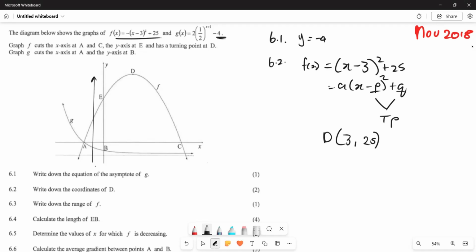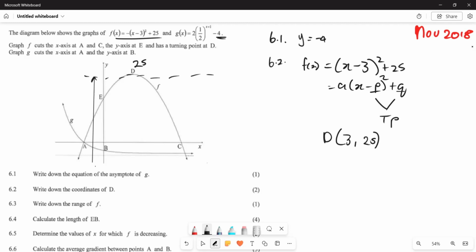You can see the maximum point that the graph of f can reach is where y is 25. So the graph exists from -infinity up until 25.